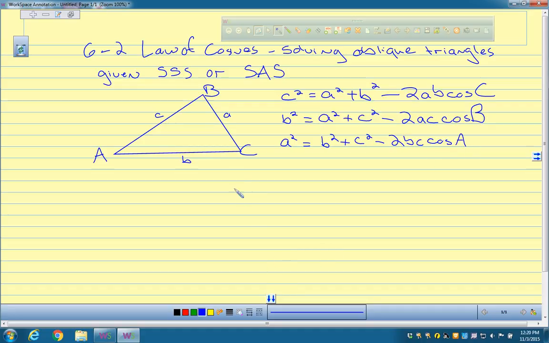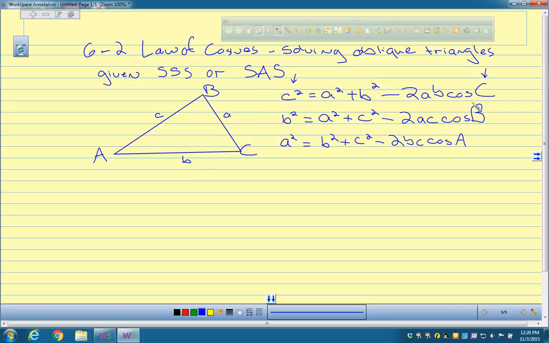So the important thing to realize is that this angle here and this side here are opposite from each other, right? So here's angle C, here's side C. These two sides are the sides of that angle. So if I'm looking at this formula, here's side C opposite angle C, and a and b are the two sides on either side of that angle.